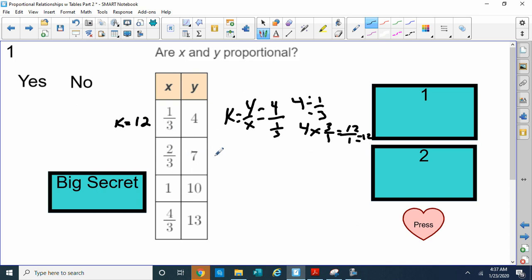Now we look at this one. Again, let's change colors so we can make it a little different. We have k equals y over x. So let's put the y value, which is 7 over 2/3. And again, we're going to divide 7 divided by 2/3.